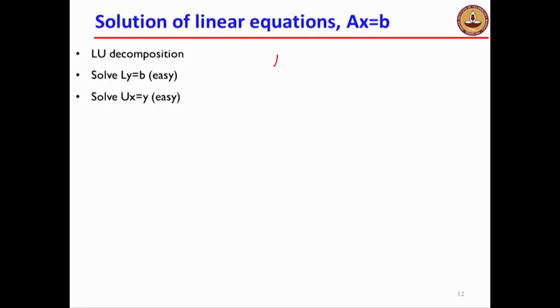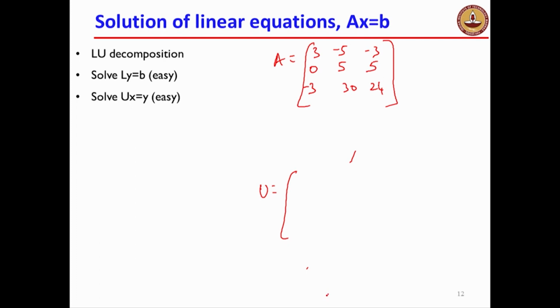Okay, so now what I really did in the previous case was I had this matrix A, and then after substitutions I got the matrix U as 3, minus 5, minus 3, 0, 5, 5, 0, 0, minus 4.